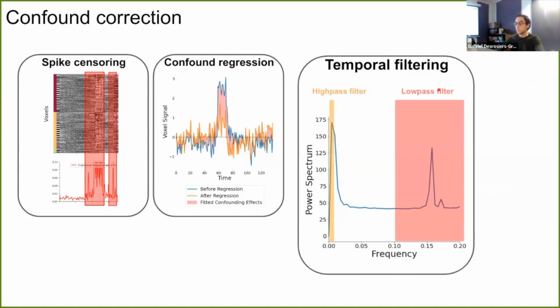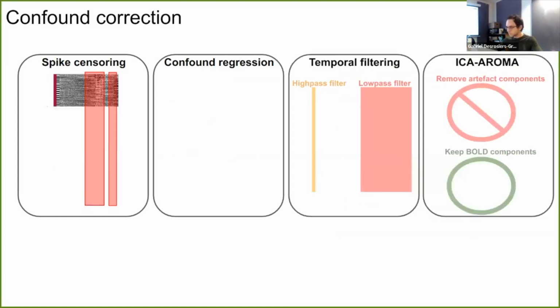The other important step is temporal filtering in the frequency domain. Most of you will also be familiar with this, where you will want to consider doing a high-pass filter to remove low frequency fluctuations that are usually not related to neural activity, or a low-pass filter to remove high frequencies that tend to also be related more to physiological or motion confounds rather than neural activity.